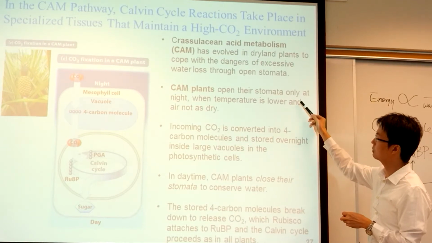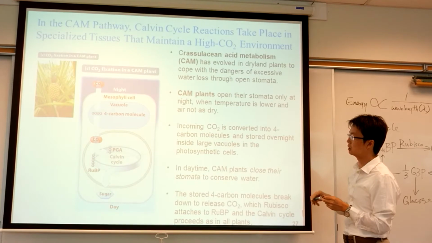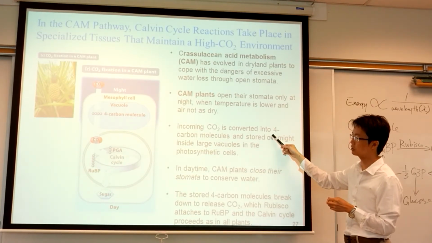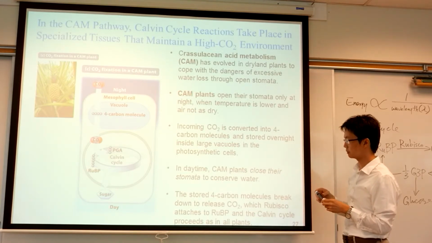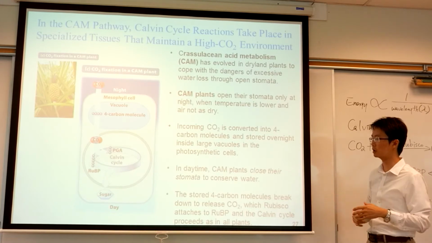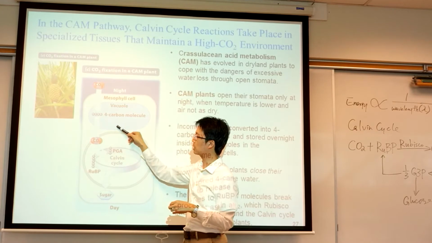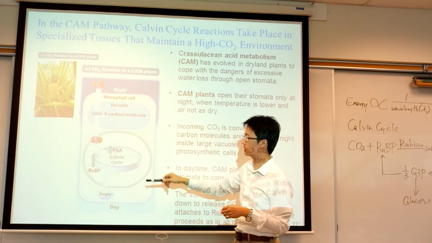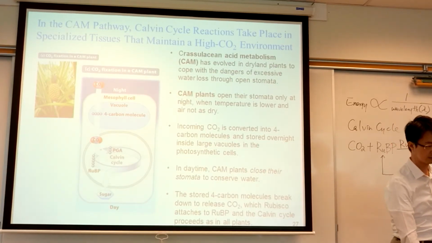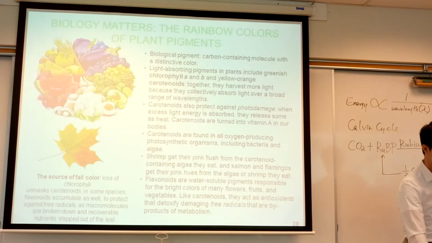They open the stomata only at night when the temperature is low and not dry. When carbon dioxide goes into the cell, it is converted into 4-carbon molecules and stored in the vacuole. During the daytime, they close the stomata to conserve water. Since they close the stomata, they still have a lot of 4-carbon molecules in the vacuole to supply carbon dioxide for the Calvin cycle. That's how they maintain water in the daytime.